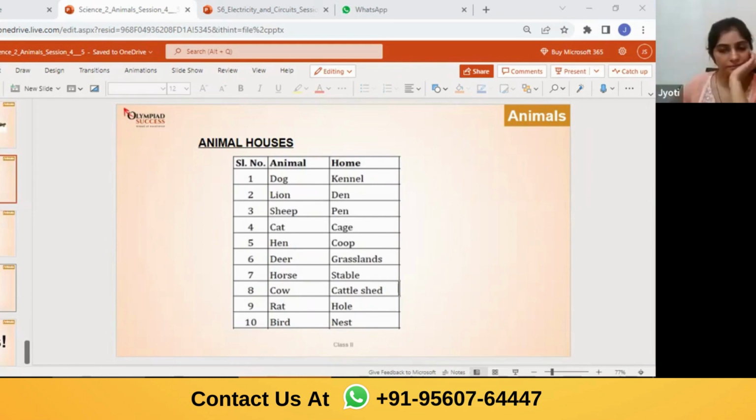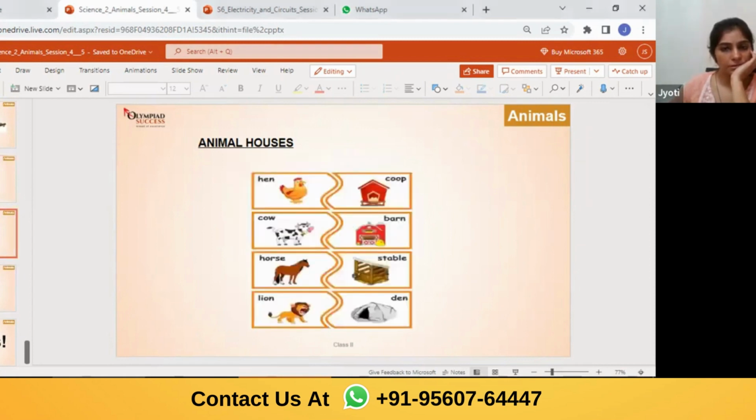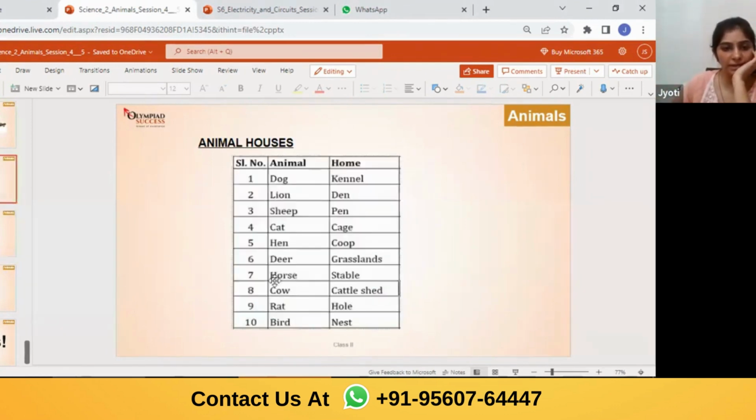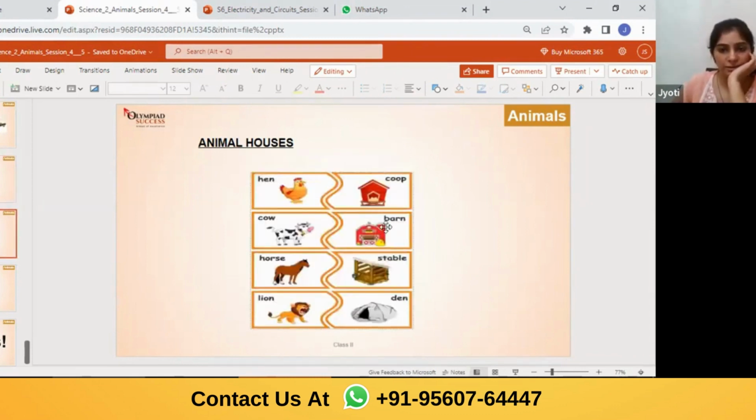Okay, Via. So hen, cow is barn. You can write oblique and write down. Like cow, it has written here, na? Yes, cattle shed. So oblique cattle shed, you can write down barn. Any word can come, so you should not make a mistake.